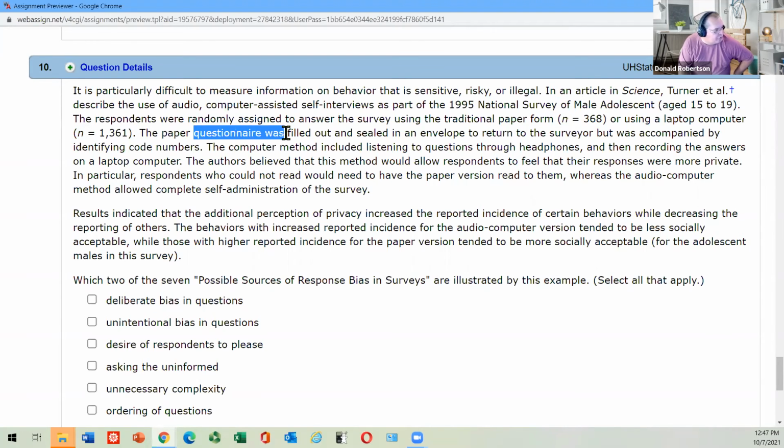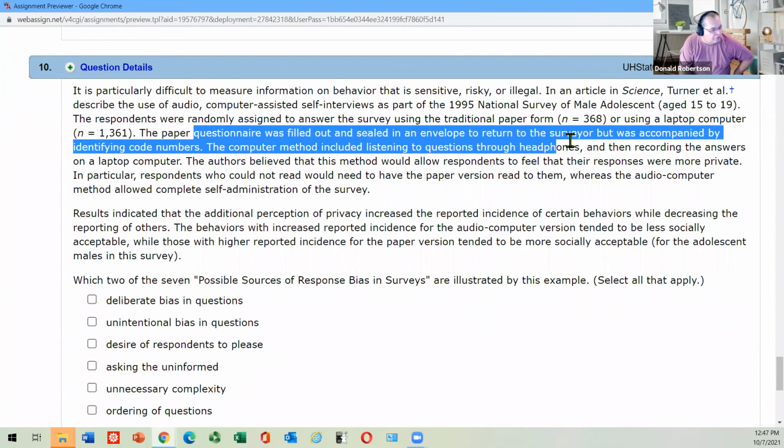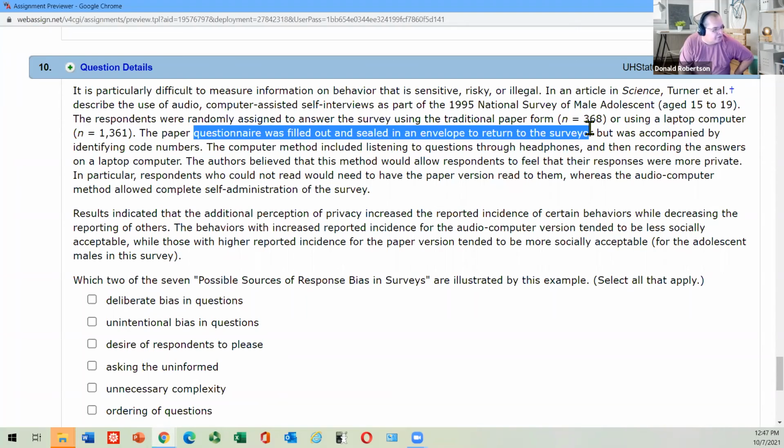The paper questionnaire was filled out, sealed in an envelope, and returned to the person collecting it, but was accompanied by an identifying code number. So on the outside, you were number 147, and the next one was 127, things like that.